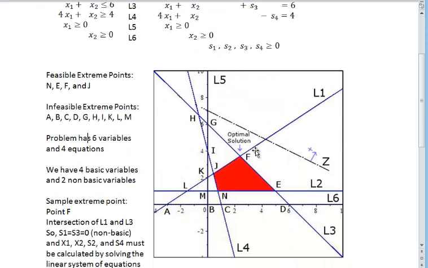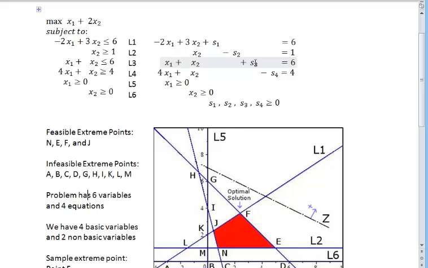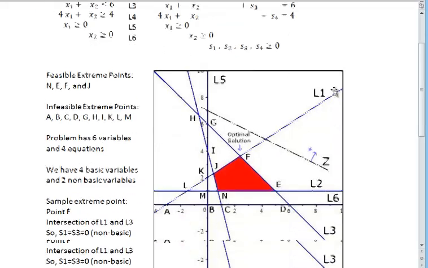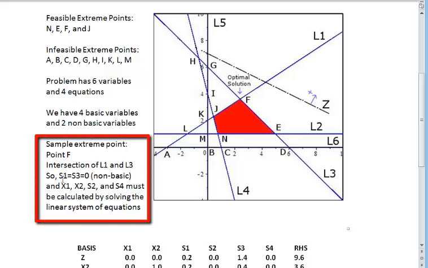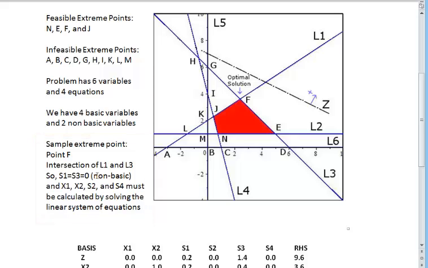Therefore, immediately I know that S1 and S3 are going to be my non-basic variables, and x1, x2, s2, and s4 must be calculated, and those are the basic variables that I will have for this problem.